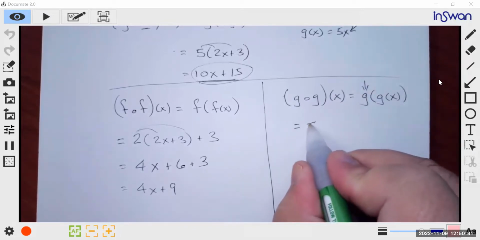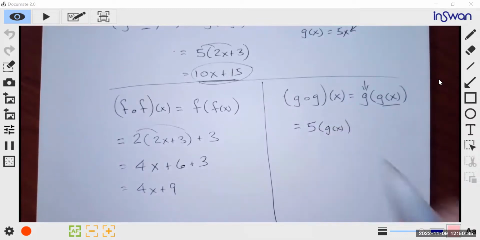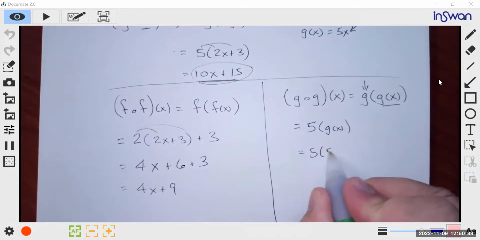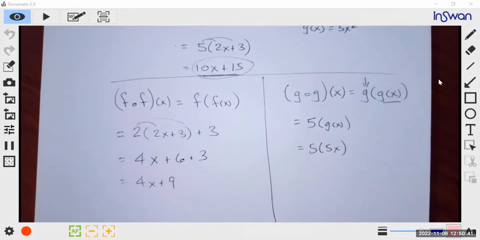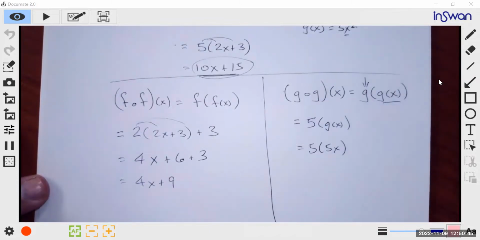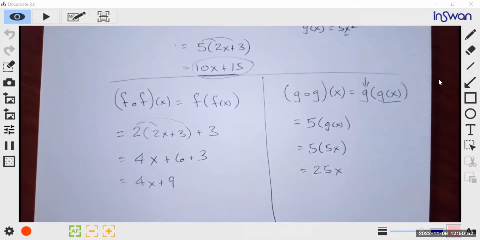It's 5x, right? But the variable is now g(x). So it'd be 5 times 5x, because the variable changes to g, which makes it 25x. So far, so good?